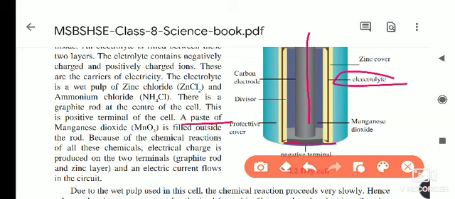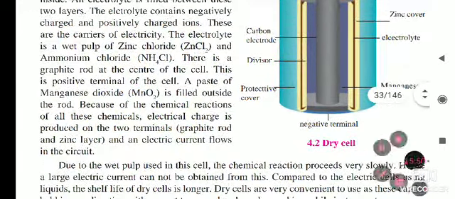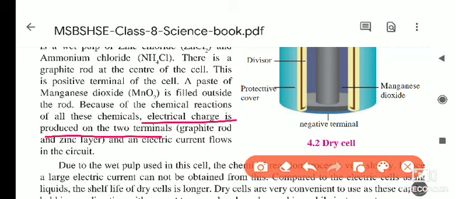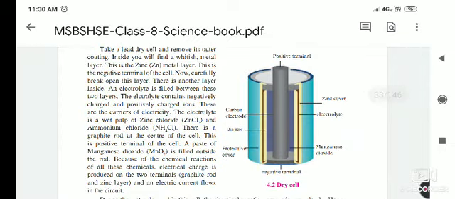The paste of manganese dioxide, MnO2, is filled outside the rod. This blue color here is manganese dioxide. Because of the chemical reaction between all these chemicals, electric charge is produced on the two terminals, graphite and zinc, and current flows through the circuit. This is the answer we have to write for this question.